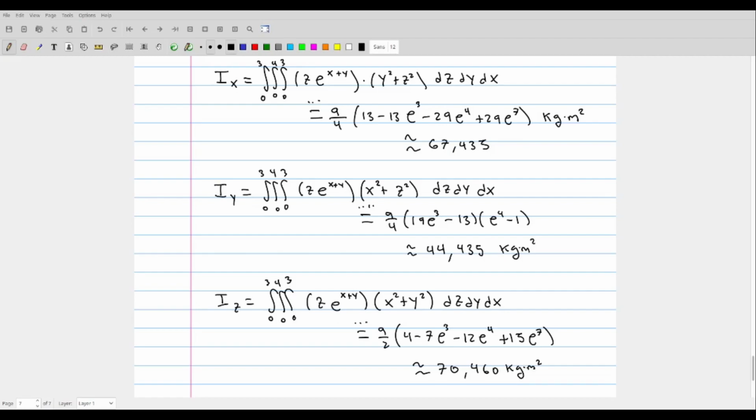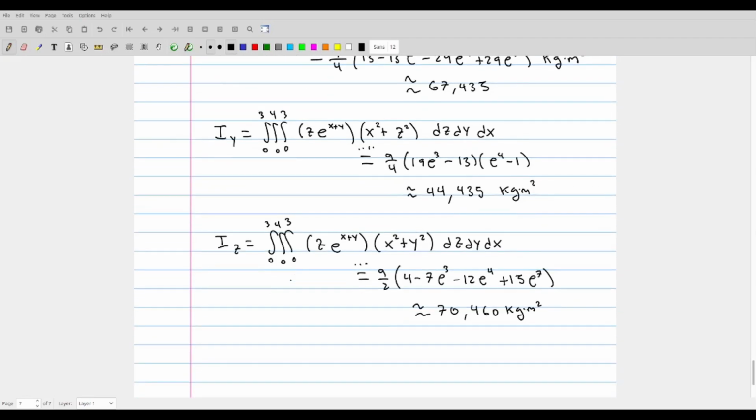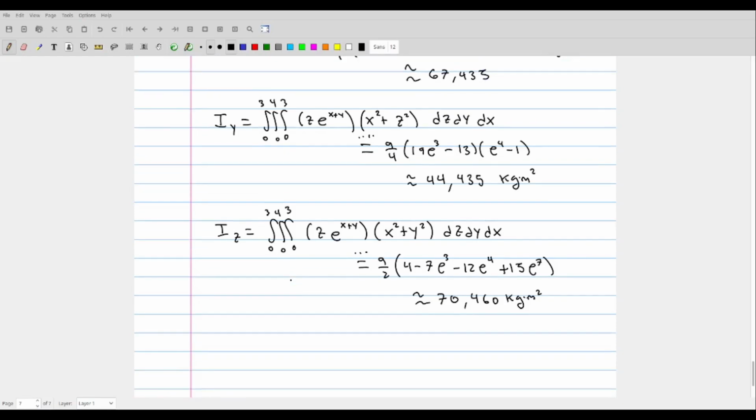So the idea here is that this tells us a good amount of information with these values. We basically have that rotating this object about the z-axis will provide the most resistance for us.